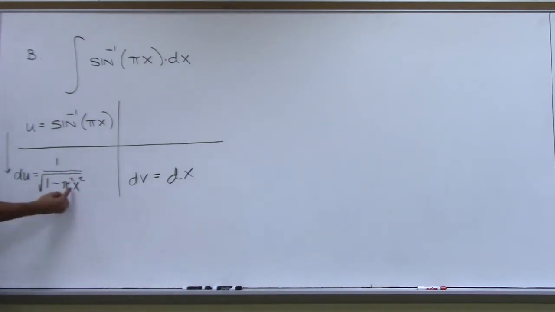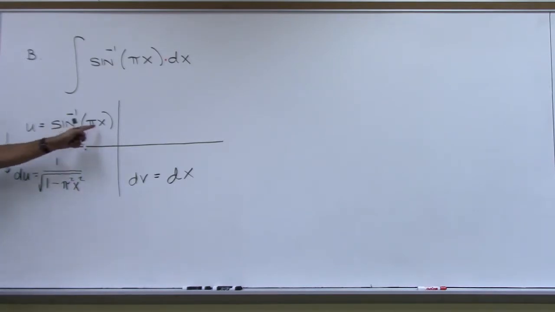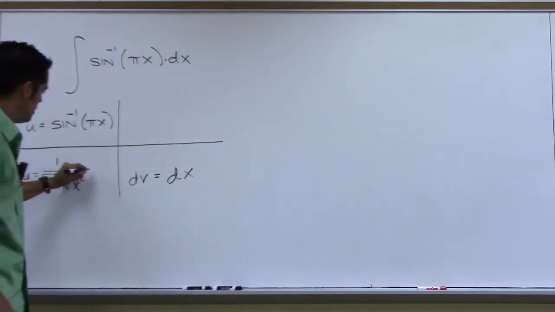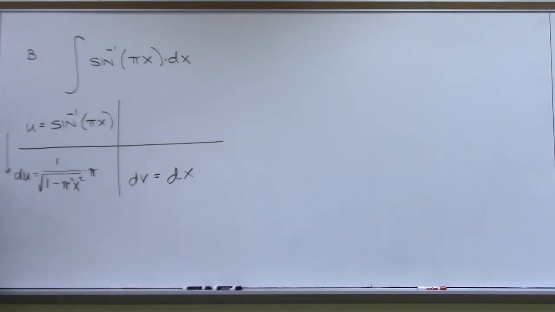I went ahead and squared them both, because it's pi x, that quantity squared, which is the same as squaring the pi and squaring the x. Am I done? Now the derivative of what's inside. Pi. And then what do we always throw on the end of this? Nope, you're integrating. Times dx, or just dx. So we have to make sure, because we came down, took the derivative, we always have to have that differential dx sitting out there. Do y'all see this?